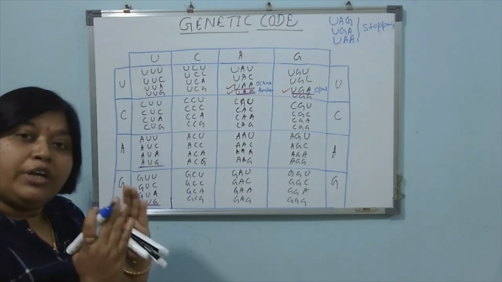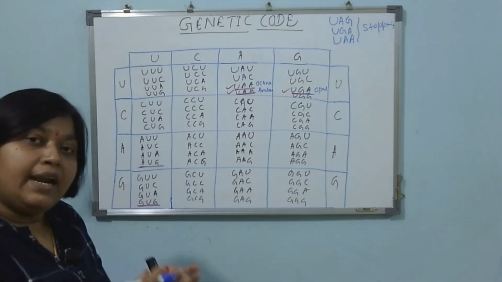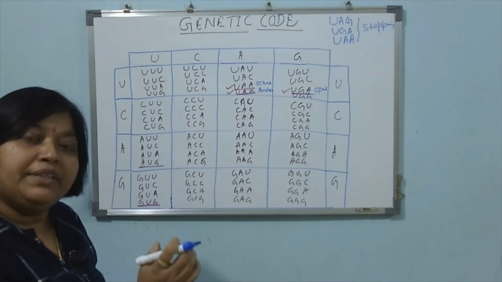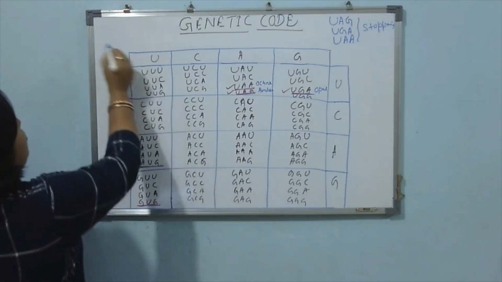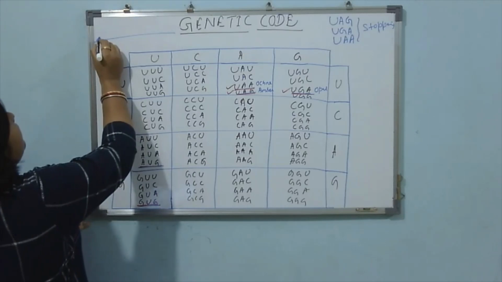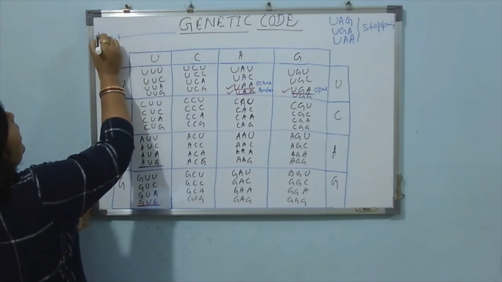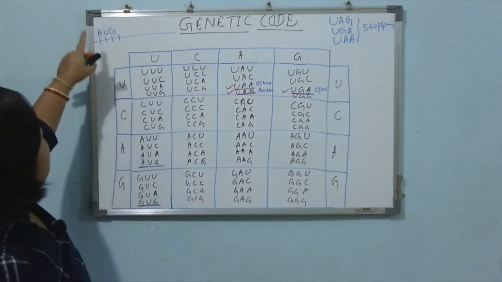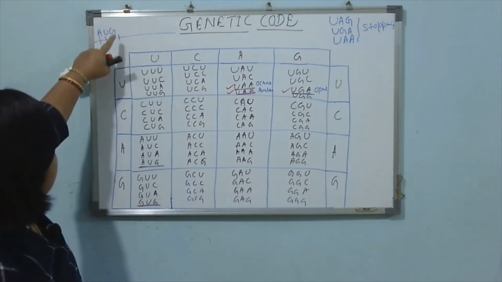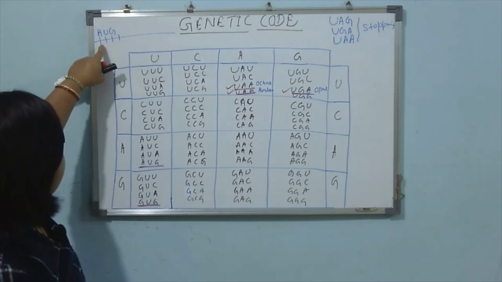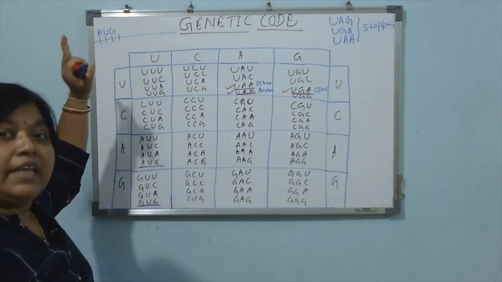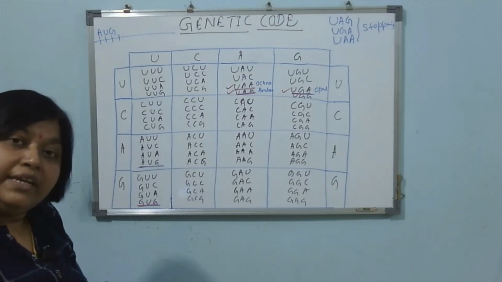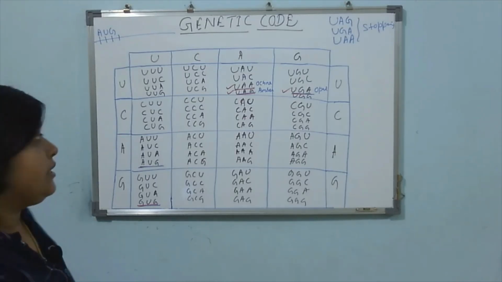Similarly, protein synthesis will start at a specific point when a specific codon is there. Suppose in this mRNA, AUG is present. Then protein synthesis will start from there, because this AUG will act as the initiation codon for protein synthesis.